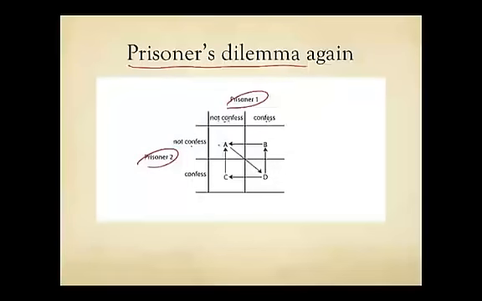So it says B is better than A, and D is better than C. Similarly, prisoner 2 would say that confess is better than not confess, so C is better than A, and D is better than B. So out of the 4 possible candidates, A, B, C, D, describing the 2x2 configuration of this game, one prisoner says B better than A, D better than C. The other prisoner says C better than A, D better than B. Since they control these actions, they are the decisive voters for those 2 pairwise comparisons respectively.